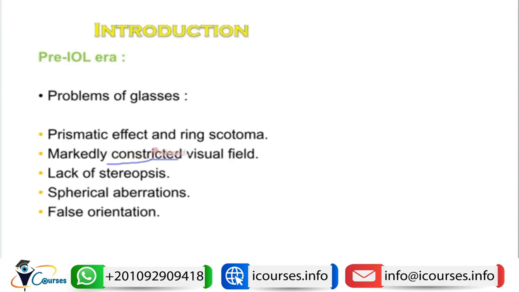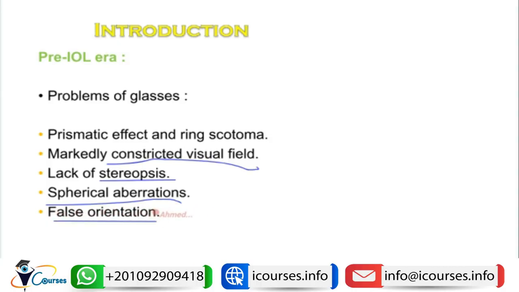And also there will be marked constriction of the visual field, as they will cause the pincushion distortion of the visual field, and there will be lack of stereopsis, as the patient will not be able to fuse both images from both eyes. And of course there will be some sort of spherical aberrations caused again by the prismatic effect of the lenses, and false orientation.